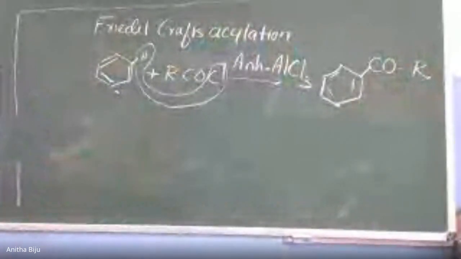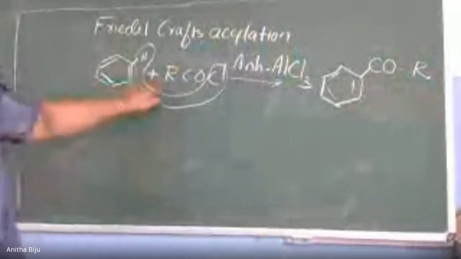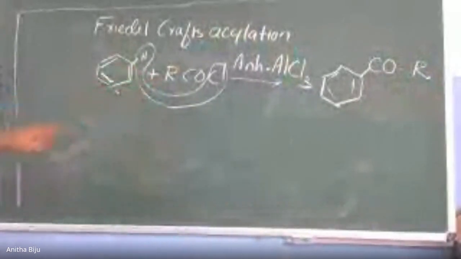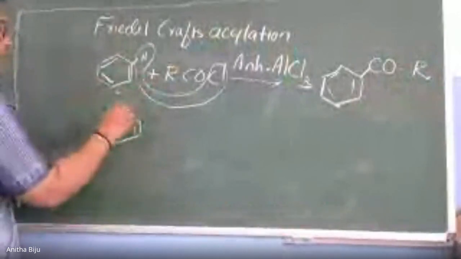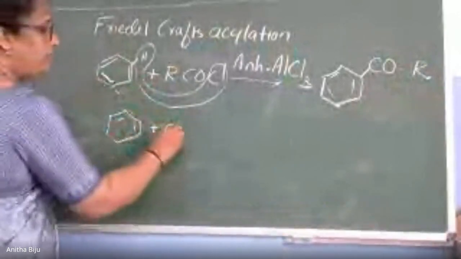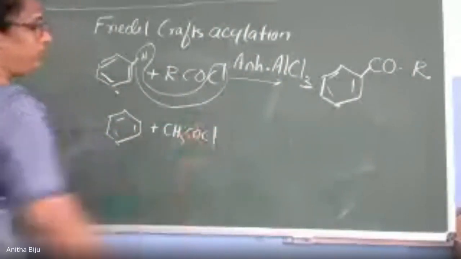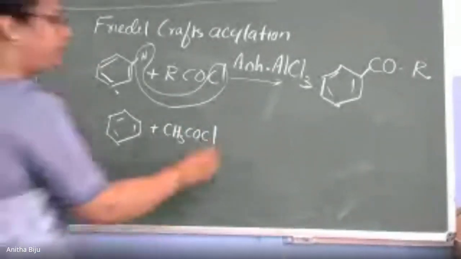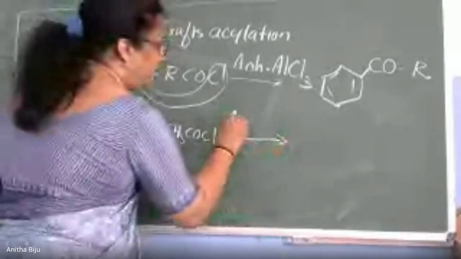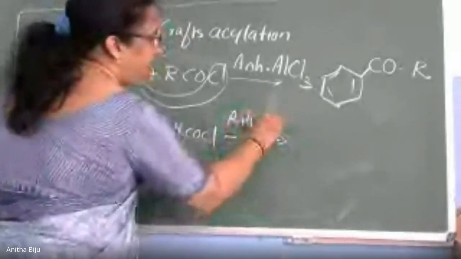If you want a specific example, instead of R, you can put CH3. CH3COCl. And it is called ethanoyl chloride because it is taken from ethanoic acid. Isn't it? Then anhydrous AlCl3.